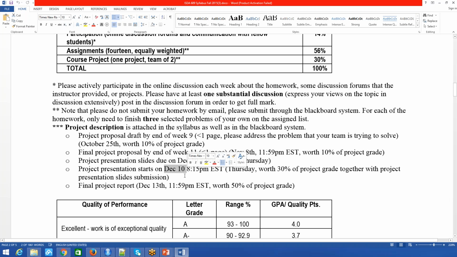And then the following Wednesday, which would be supposed to be the office hour, we can use that time for the presentation as well, which would be December 16th. And then correspondingly, let's say that the final project report will be due on the 20th, which is that Sunday. So that's that.